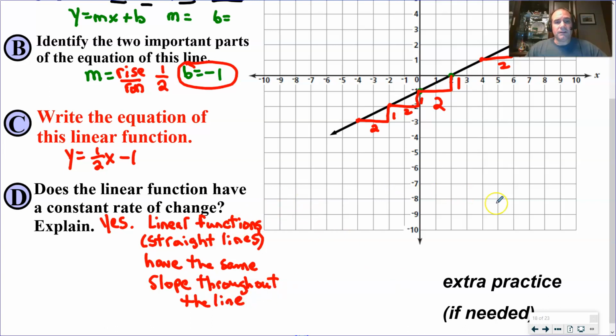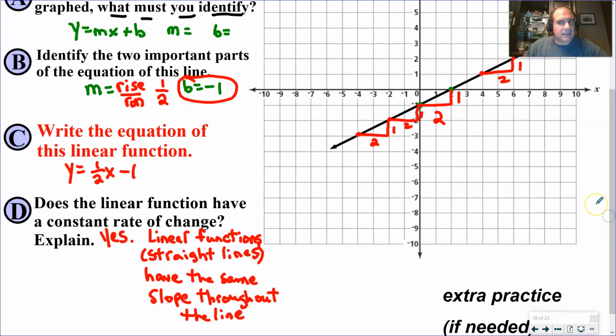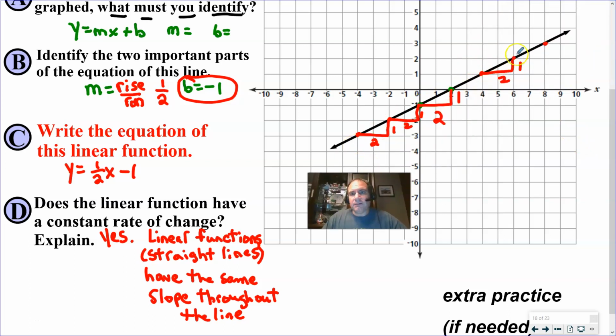All right, so it has the same slope. If it didn't have the same slope, that means the line wouldn't be straight. So just remember, if the slope changes along this line, that means the line would all of a sudden be curving, right? Because it has a different slope. This one does not. So it's a straight line, and that means the rise over run stays constant throughout.